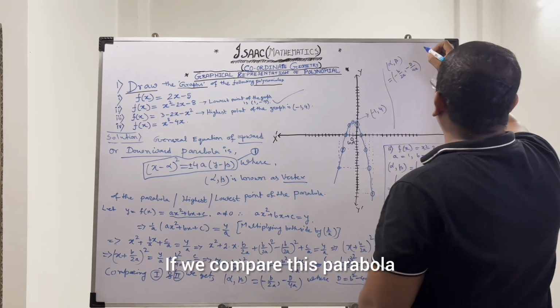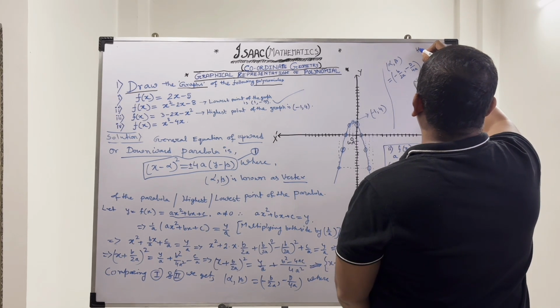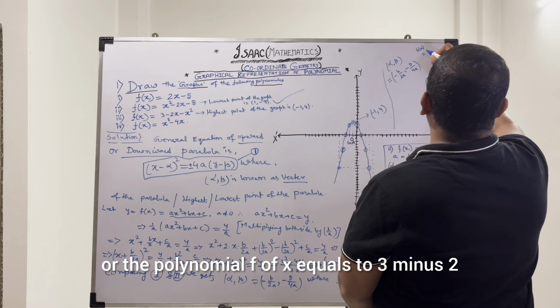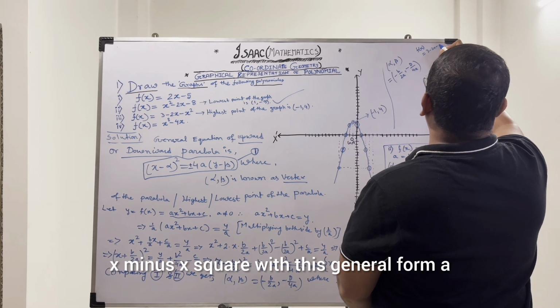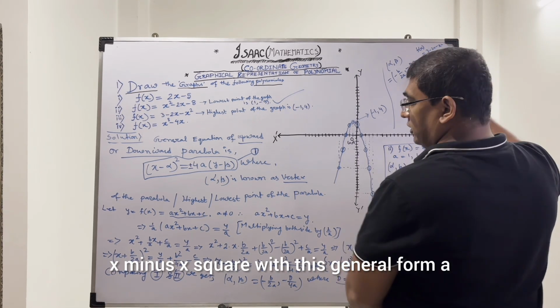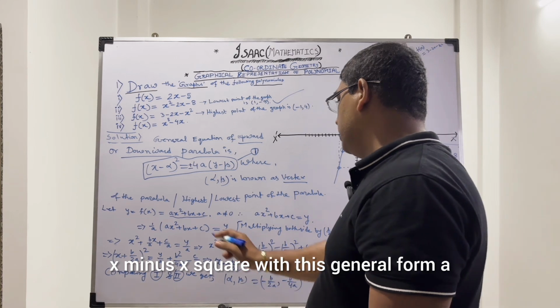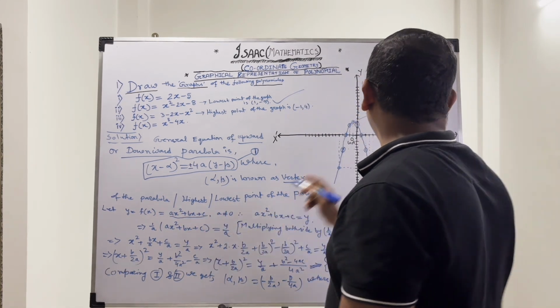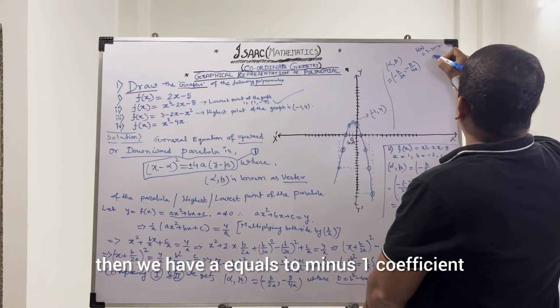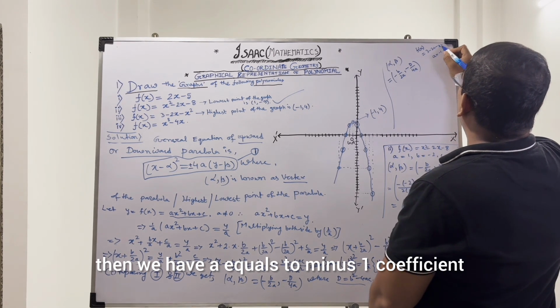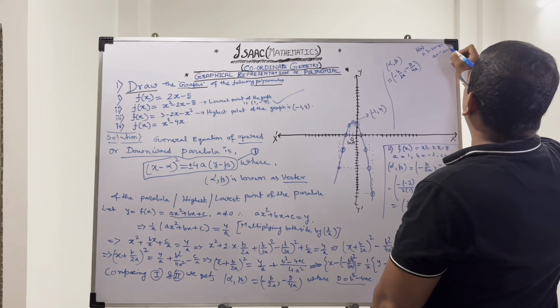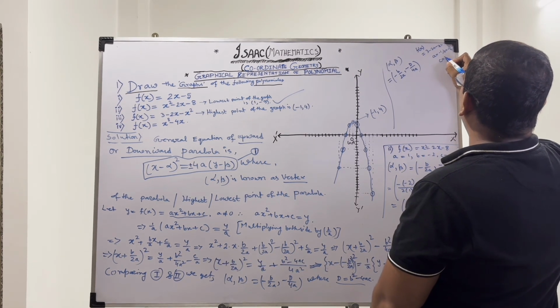If we compare this polynomial f of x equals 3 minus 2x minus x square with the general form ax square plus bx plus c, then we have a equals minus 1, the coefficient of x square, b equals minus 2 and c equals 3.